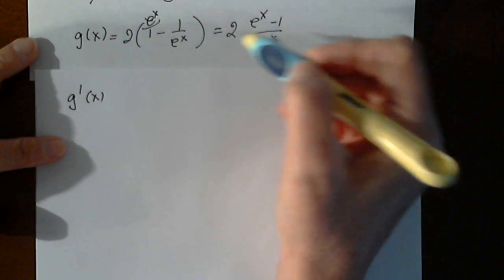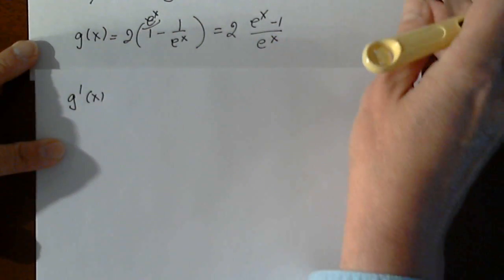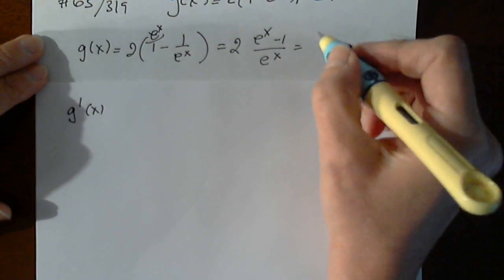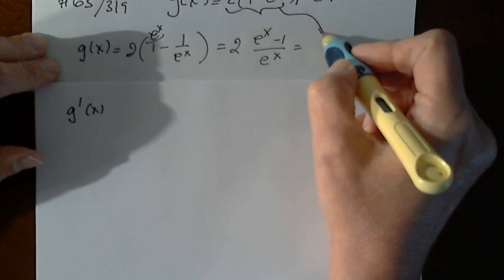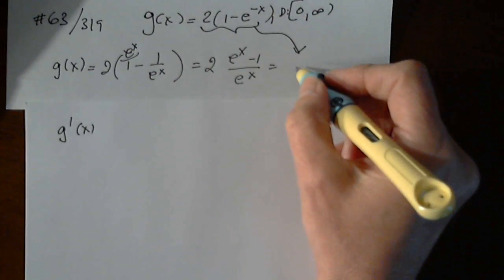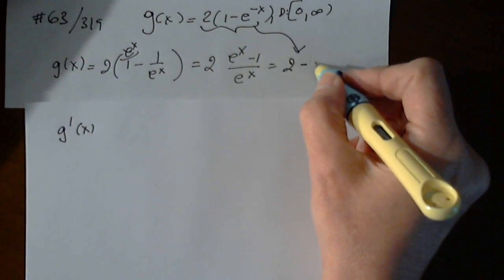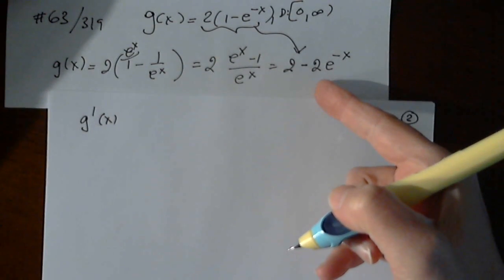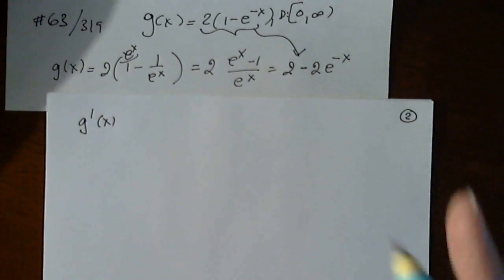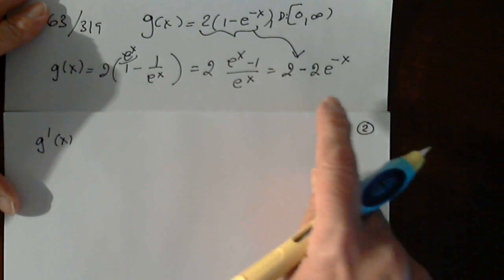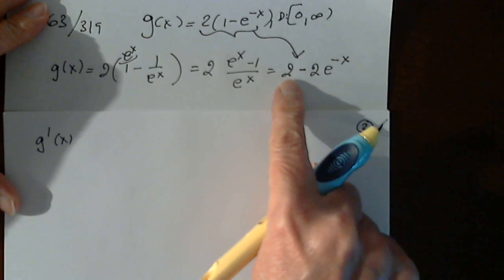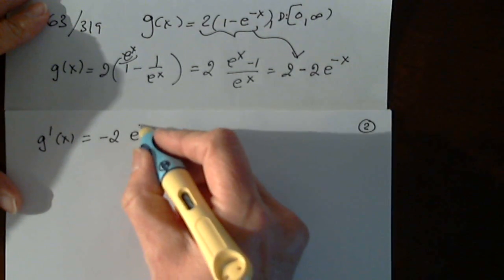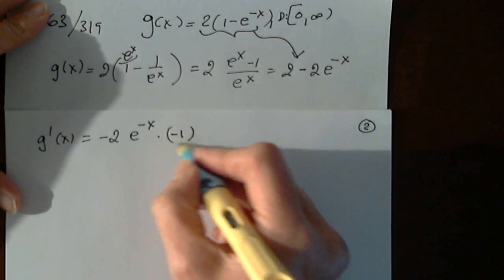When I differentiate this function, however, I prefer to write the function, same function, as 2 minus 2 e to negative x. This is what I'm going to differentiate. It's easier than this, it's easier than that. So when I differentiate and get g prime, 2 prime is 0, minus 2 times e to u times u prime.